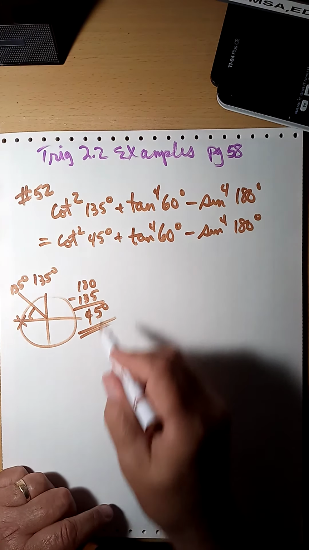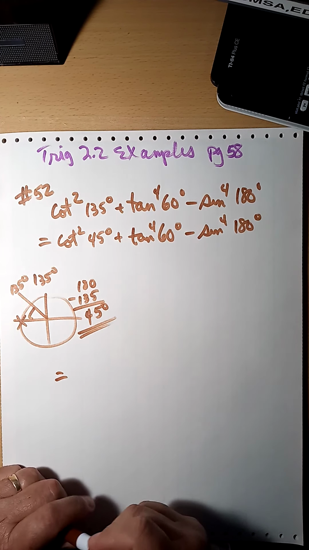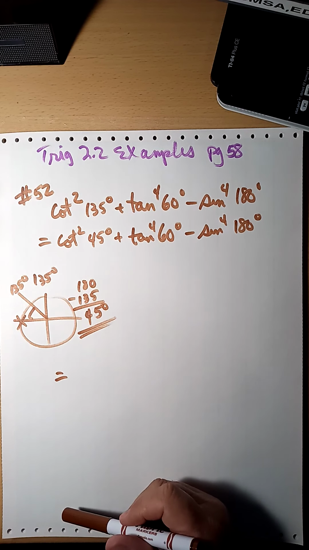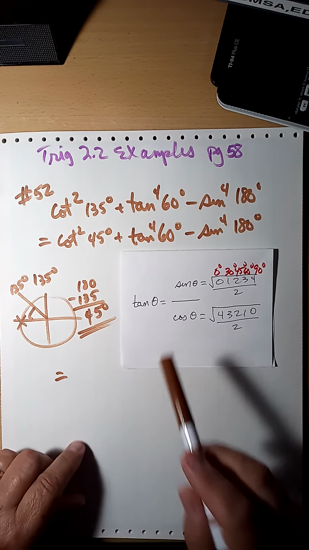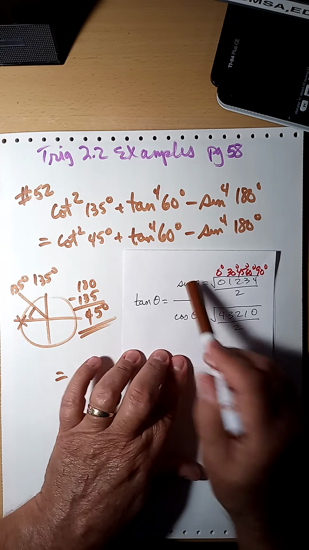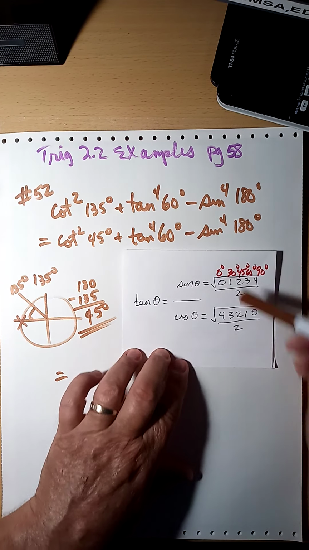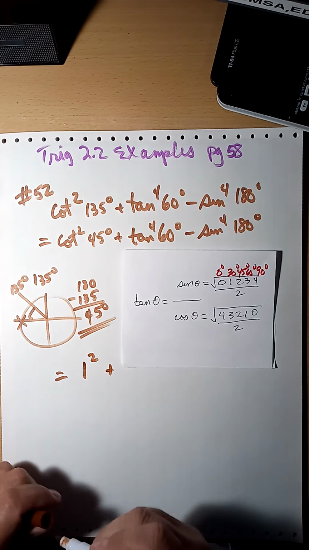Okay, so let's go down here and say, what is the cotangent of 45 degrees? Well, guess what? I made one of these. So the cotangent is the cosine over the sine. So it's the square root of 2 over 2 over the square root of 2 over 2 still. So it is 1 squared plus.